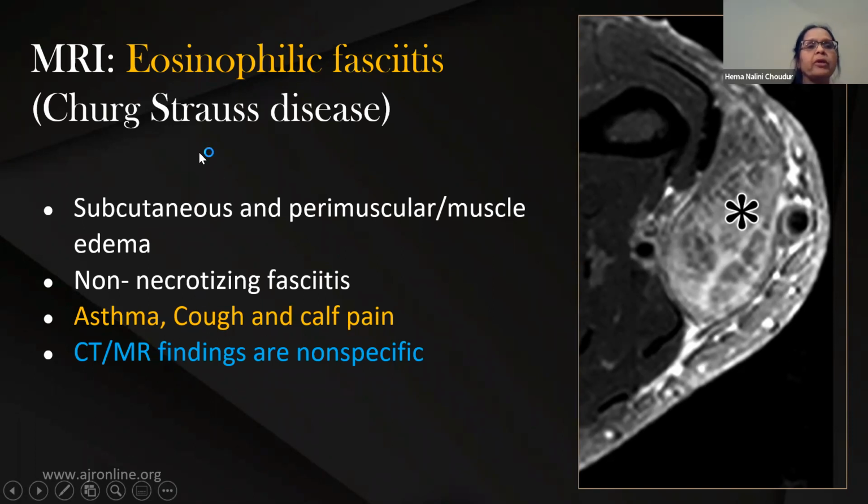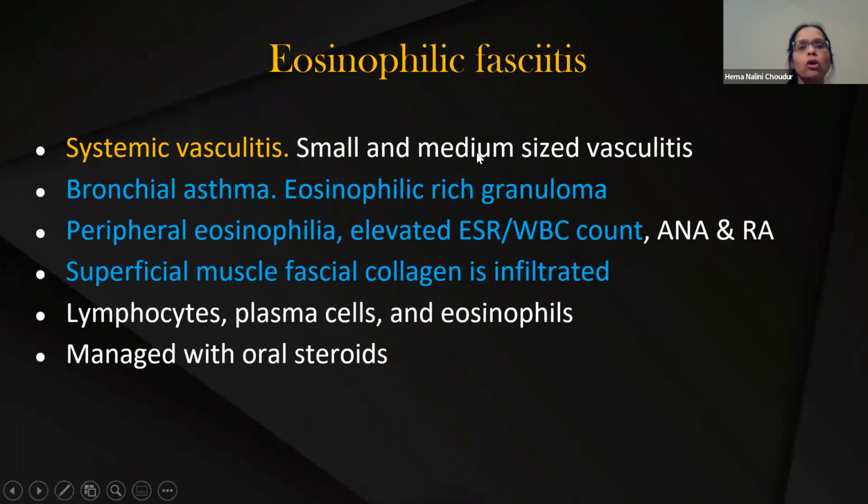You're looking at what used to previously be called Churg-Strauss disease, called eosinophilic granulomatosis now. They will have eosinophilia in their blood count, and you can either do CT or MRI, but the findings are non-specific unless you tie it up with the clinical history. It's a non-necrotizing fasciitis. So it is a small and medium-sized vasculitis.